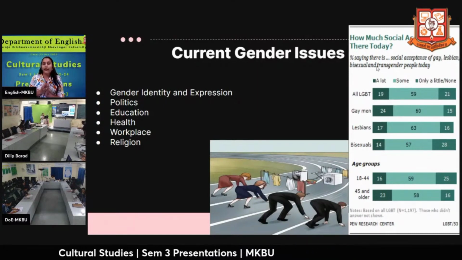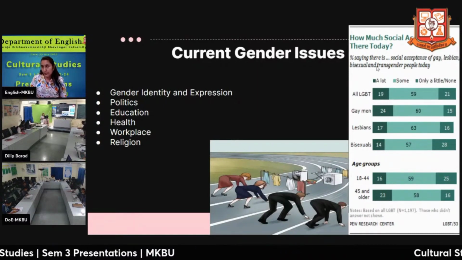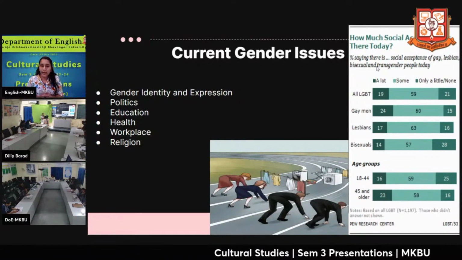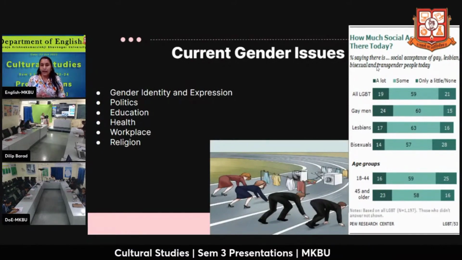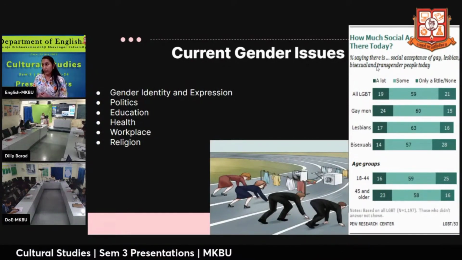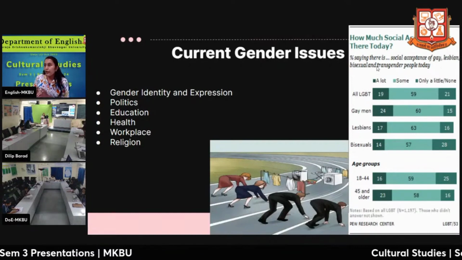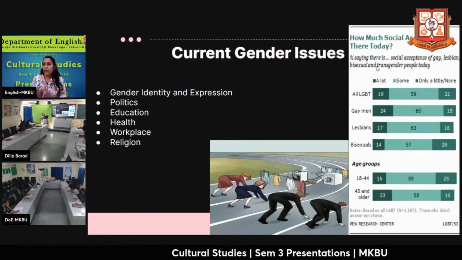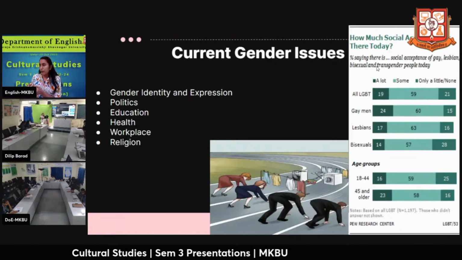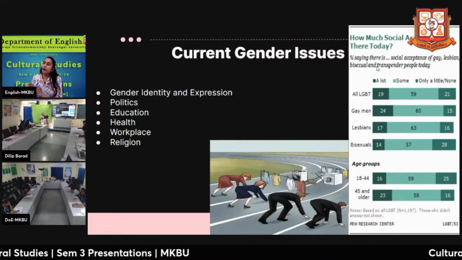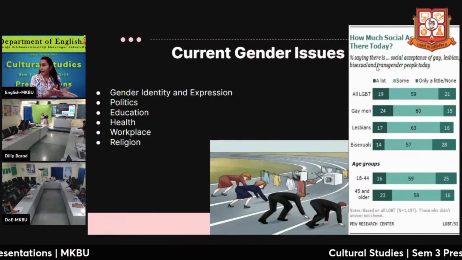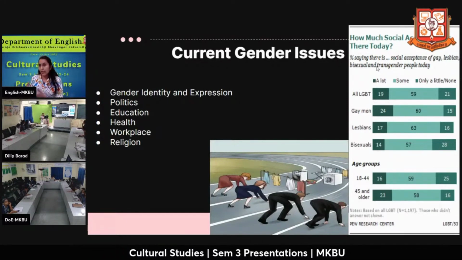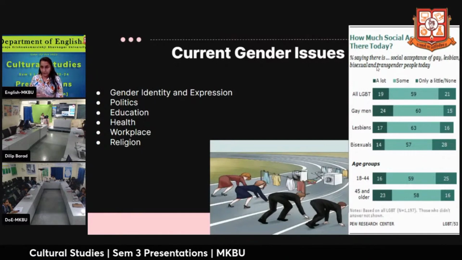Current religion issue: religion is a very sensitive issue, and we can see gender issues in religion. First of all, there are many religious rules that only women have to follow, for example during the menstruation period.